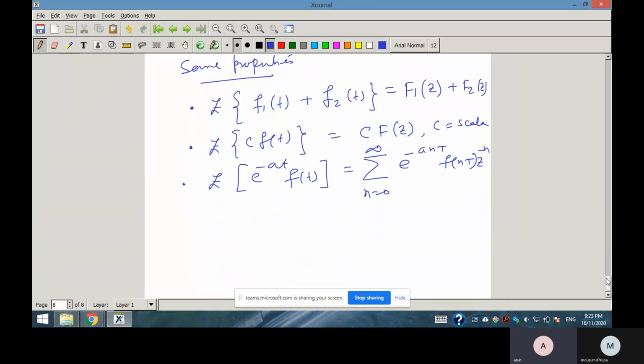So this means the Z transform of e to the power minus at ft is F of e to the power aT into z.